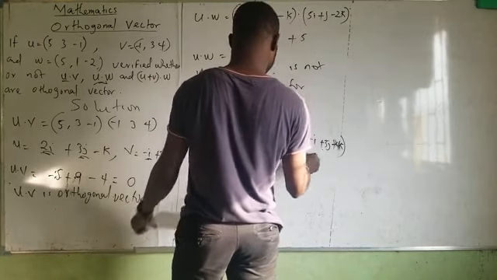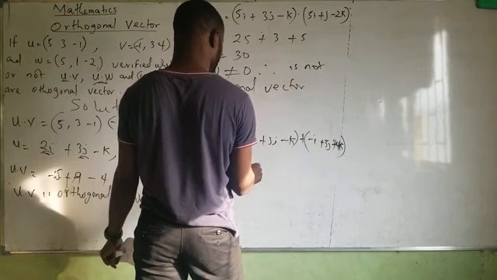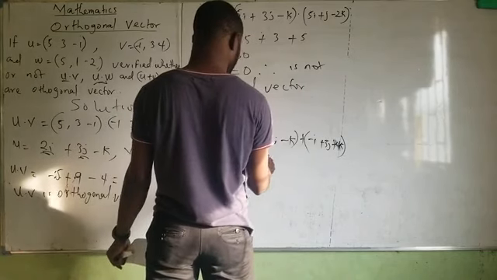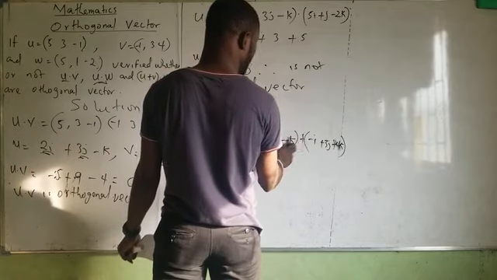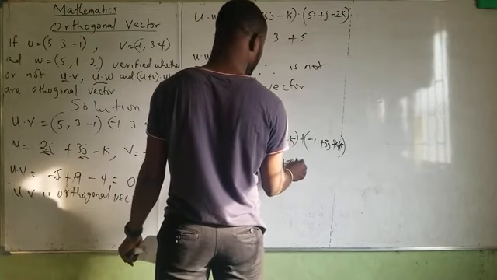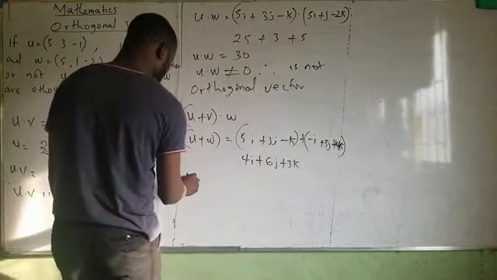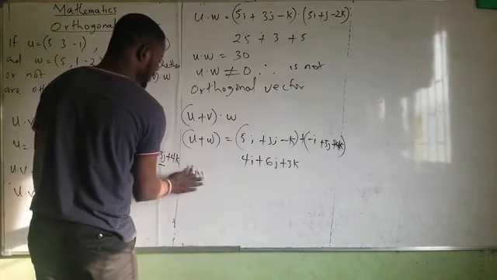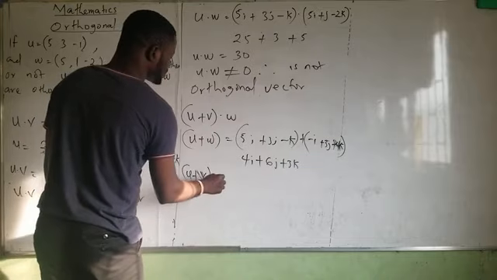Now, this and this will be 4I. This and this will be plus 6J. And this will be plus 3K.